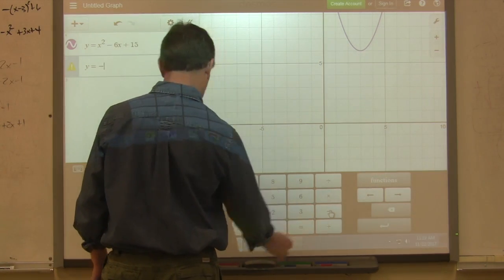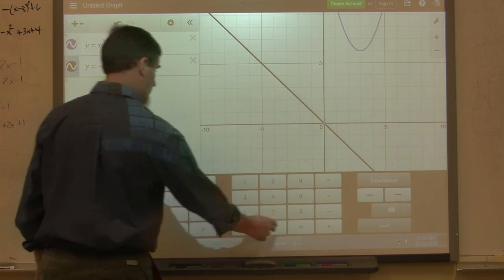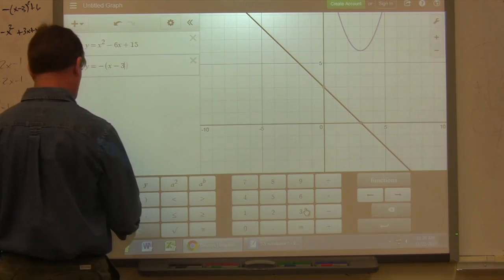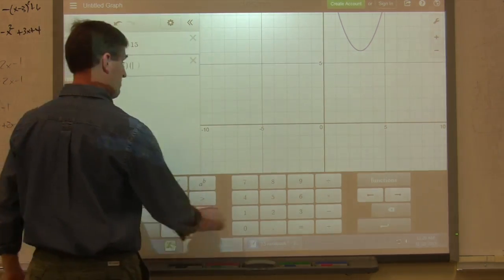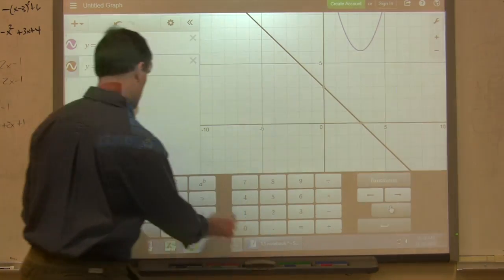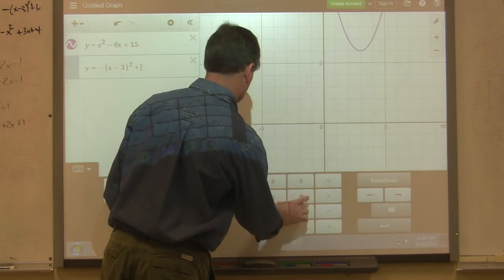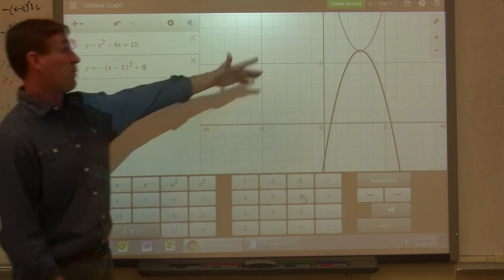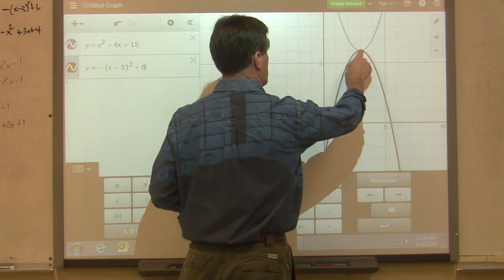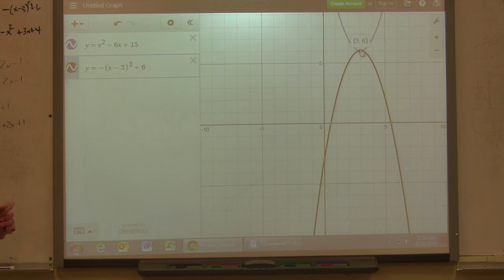That was negative and then parentheses x minus 3 squared plus 6. So I can just put them in how they are, and I find the intersection point. In this case, there's only one point of intersection, and it's at 3, 6. And we're done. So you should have gotten 3, 6.